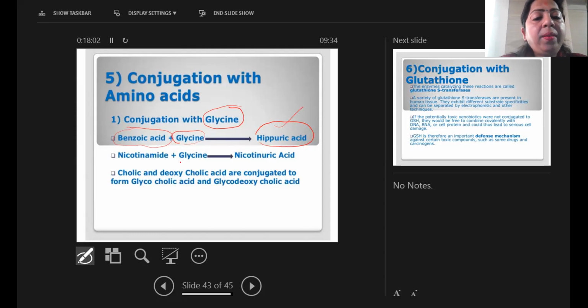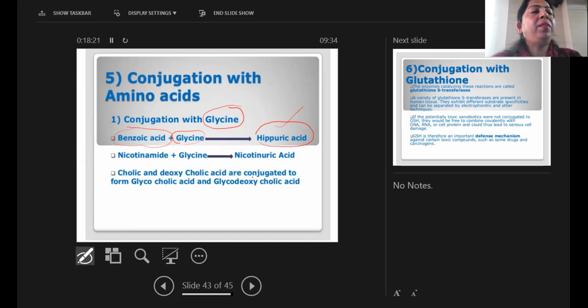Then nicotinamide can also conjugate with glycine, leading to nicotinuric acid. Then cholic and deoxycholic acid. What are cholic and deoxycholic acid? Anyone can tell? Have you heard these names?